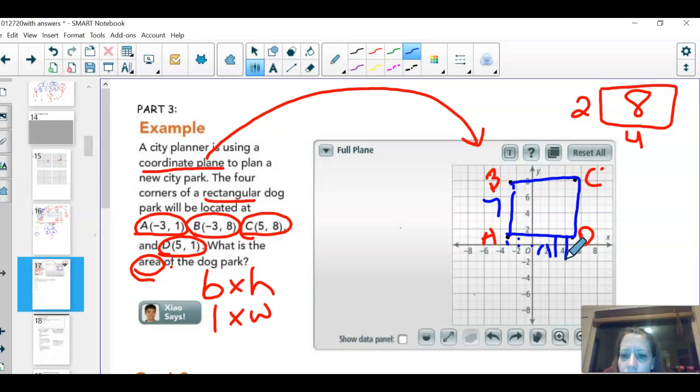Oh, wait, let me check that. 1, 2, 3, 4, 5, 6, 7. Okay, yo puedo contar y yo tengo 1, 2, 3, 4, 5, 6, 7.